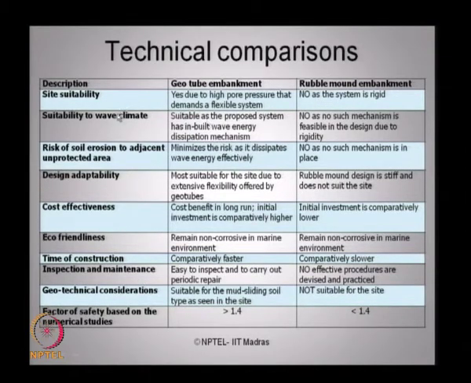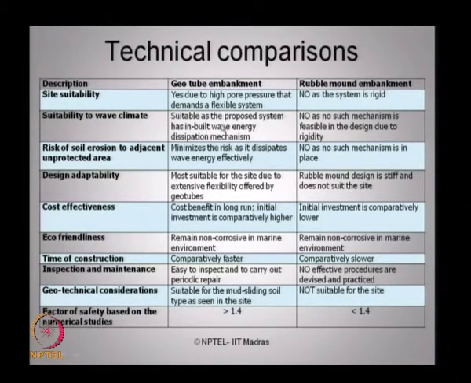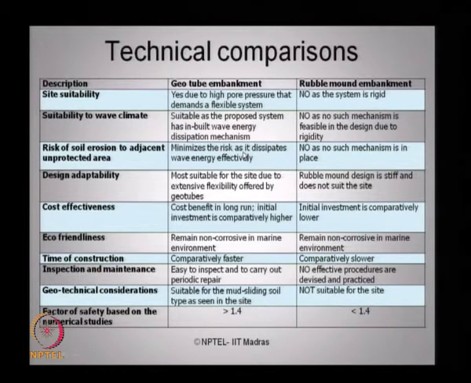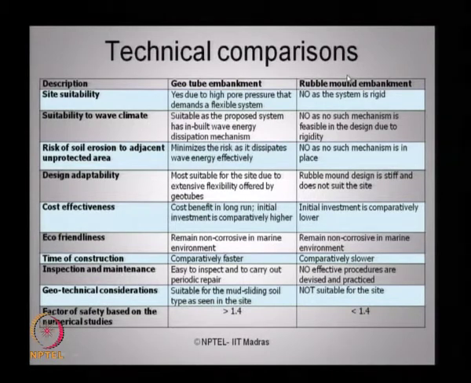If you look at the suitability to wave climate, the geotube embankment methodology is suitable as the proposed system has an inbuilt wave energy dissipation mechanism because of vertical movement of the geotubes under wave action or under the water body. No such vertical dissipation mechanism is available because rubble mound embankments are very rigid in their construction methodology as well as in design.